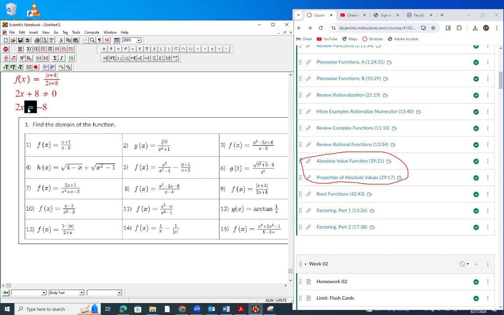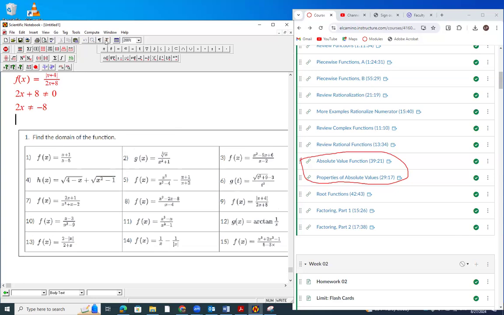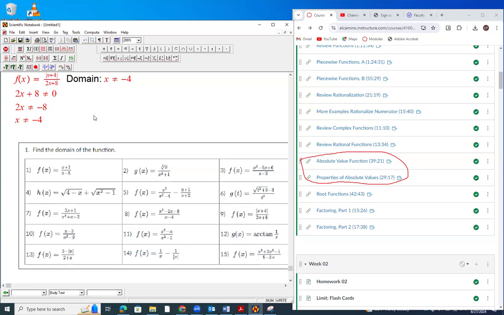So logically, how you read it: if this is not equal to 0, then 2x is not equal to -8, and as a result, x is not equal to -4. And so our domain would be x is not equal to -4. You're done.